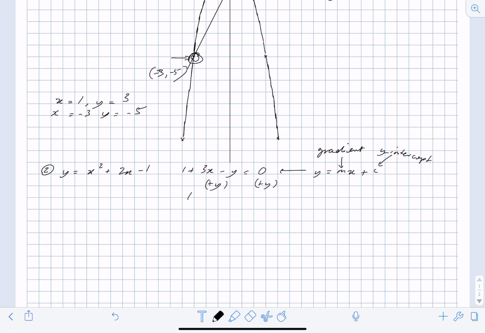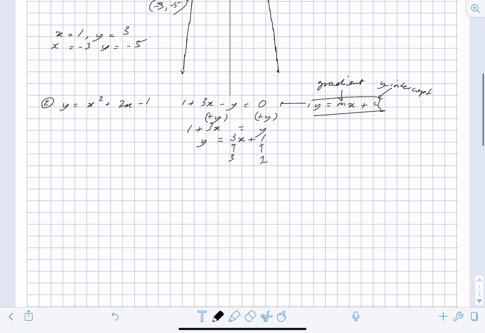And if I do that, I get 1 plus 3x equals y. And just to make myself feel a bit more comfortable, I can write y equals 3x plus 1. Now that looks exactly like our equation for a straight line, where our gradient is 3 and our y-intercept is 1.